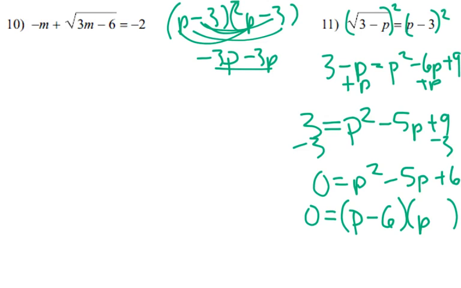Negative 6, we had a minus p, we added a p, negative 5, had a 9, had a 3, 9 minus 3 would give us 6. Different factors, right? I always forget these factors with 6. What about 2 and 3? Times together, they make 6. Added together, they could make negative 5 and multiply positive 6.